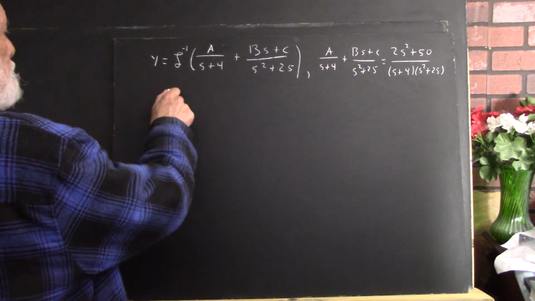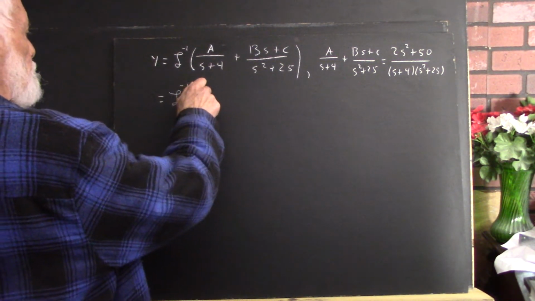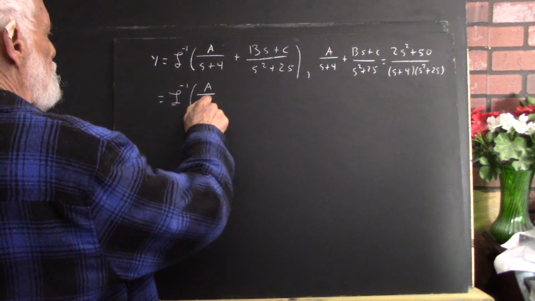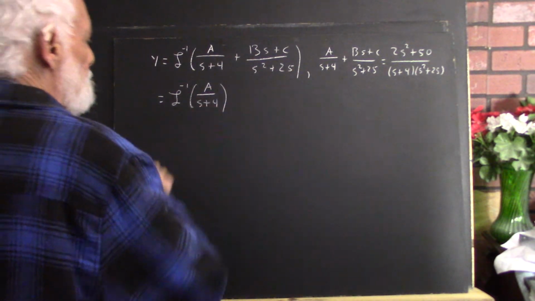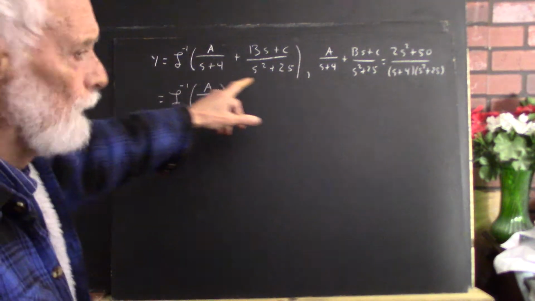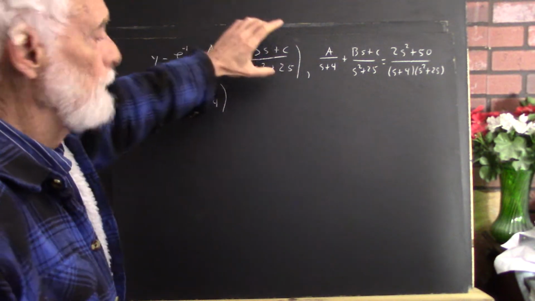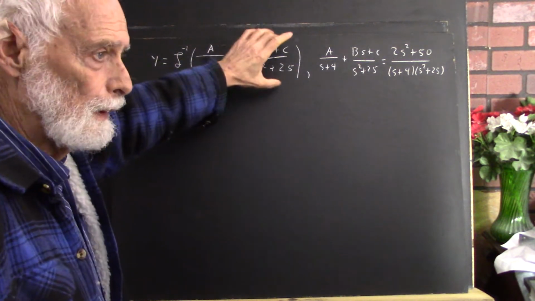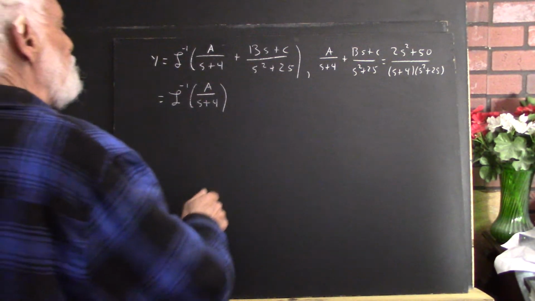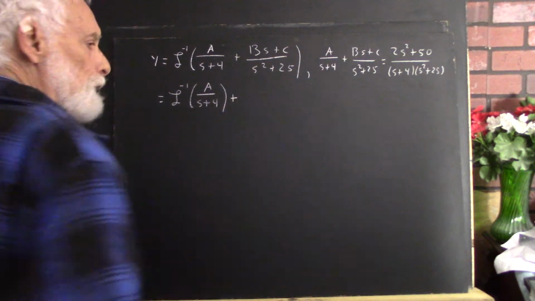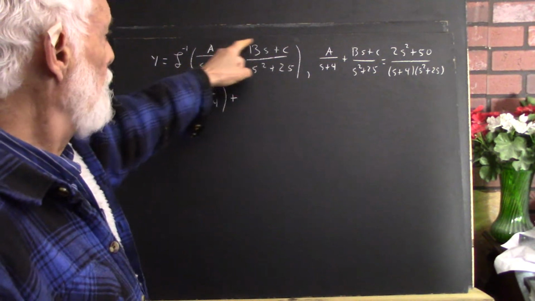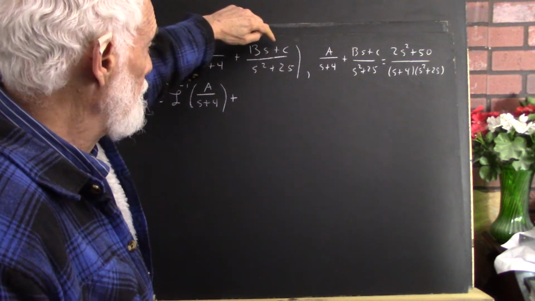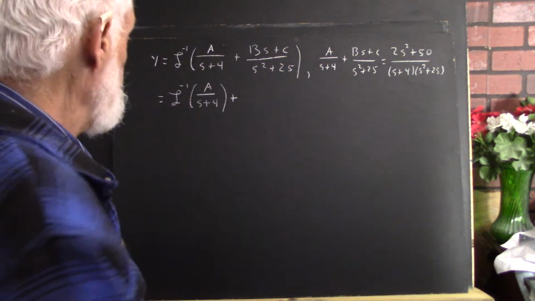Well, this is then going to be the inverse transform of A over s plus 4. The inverse transform is linear. Inverse transform of this plus this is the inverse transform of this plus the inverse transform of this. Also, skipping a step here, this is just Bs over s squared plus 25 plus C over s squared plus 25.